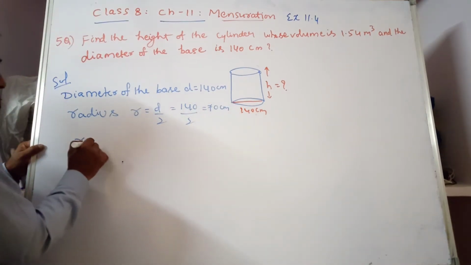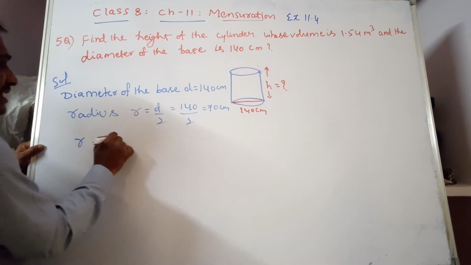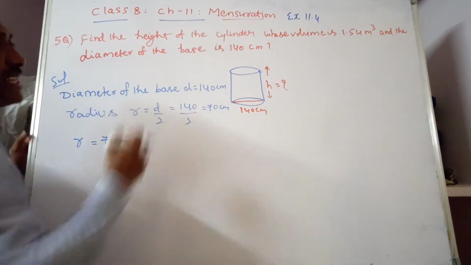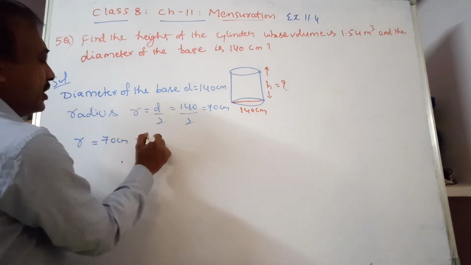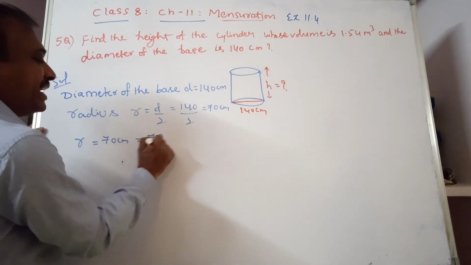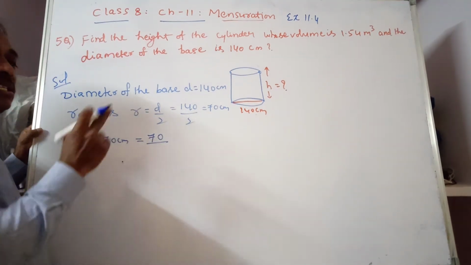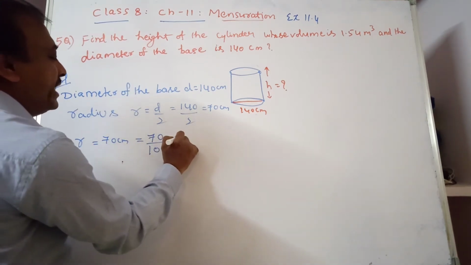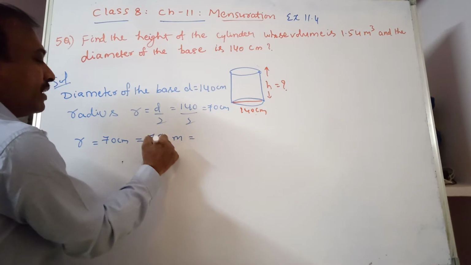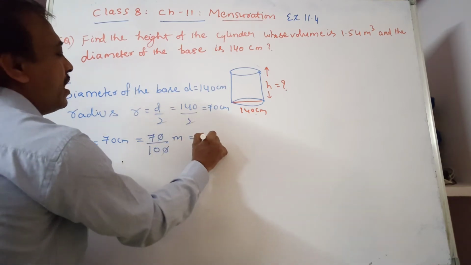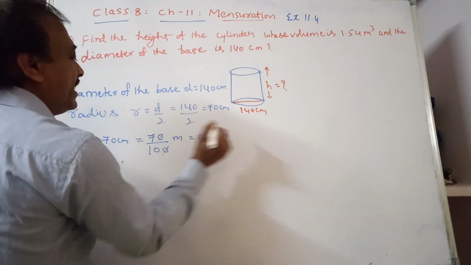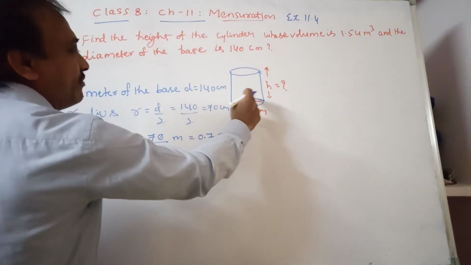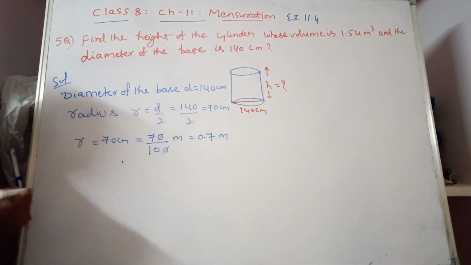I am converting into meters as the volume is given in meters. So 1 centimeter is equal to 1 by 100 meters. So 70 by 100 meters, the zeros get cancelled, is 0.7 meters. So the radius of the base is 0.7 meters.